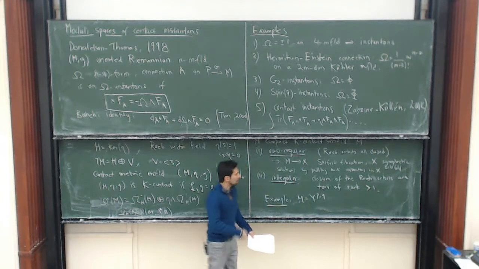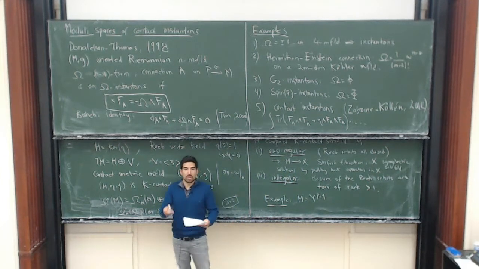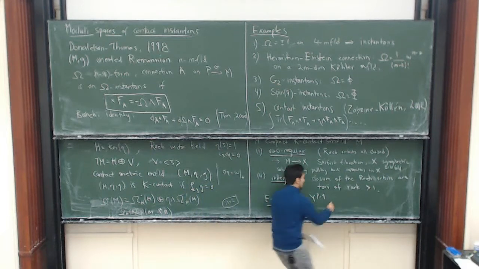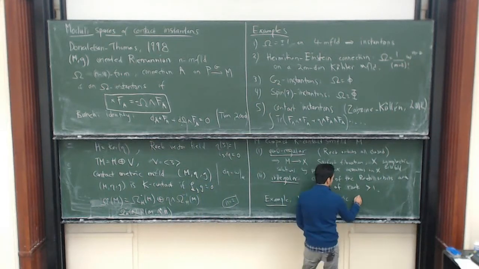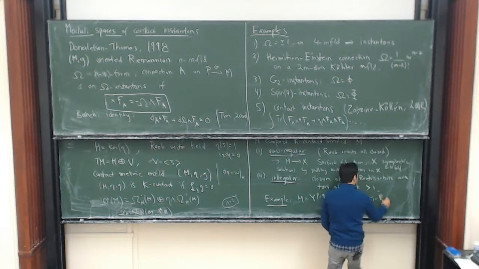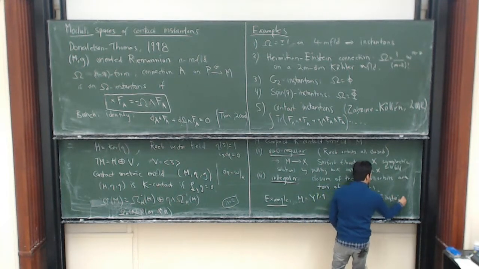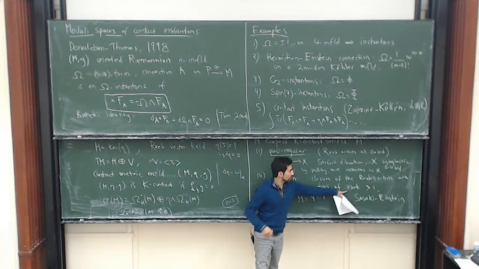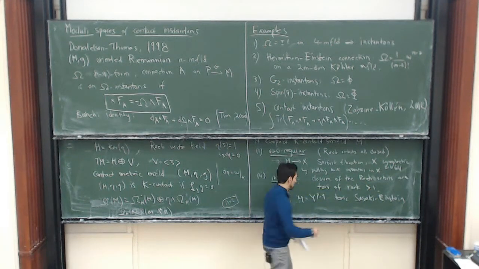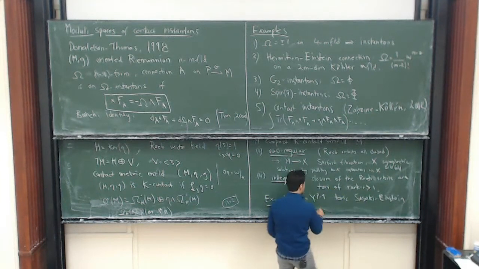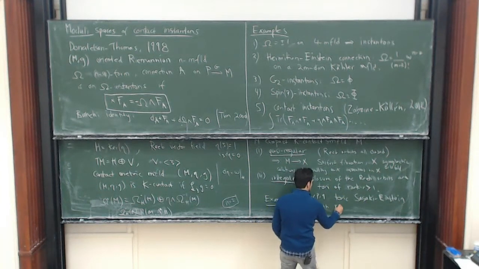As manifolds, they're diffeomorphic to S2 cross S3, but they're toric Sasaki-Einstein, such that the rank of the closure of the Reeb orbit is 2, with rank R equals 2.